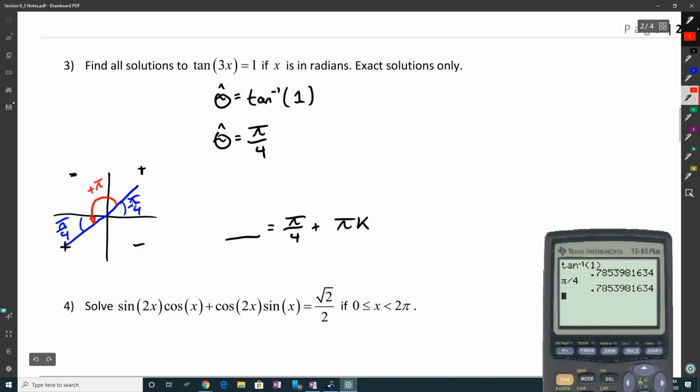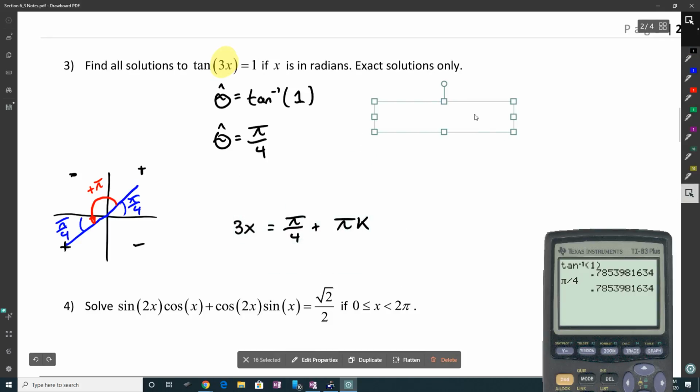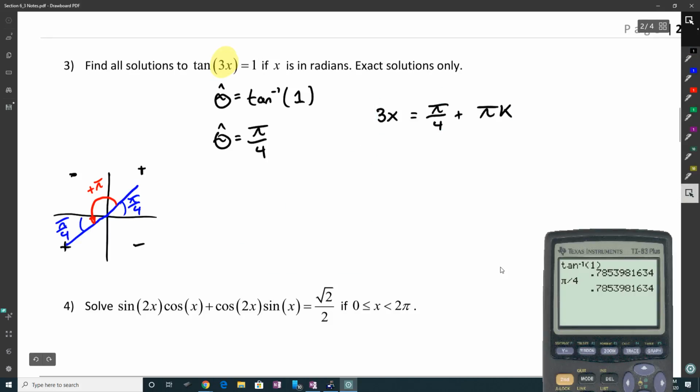And then plus pi again to go to the other quadrant. But the inside is what we're dealing with. And so my inside is 3x. So instead of theta equals pi over 4 plus pi k, it's 3x. And all we got to do now is divide by 3.